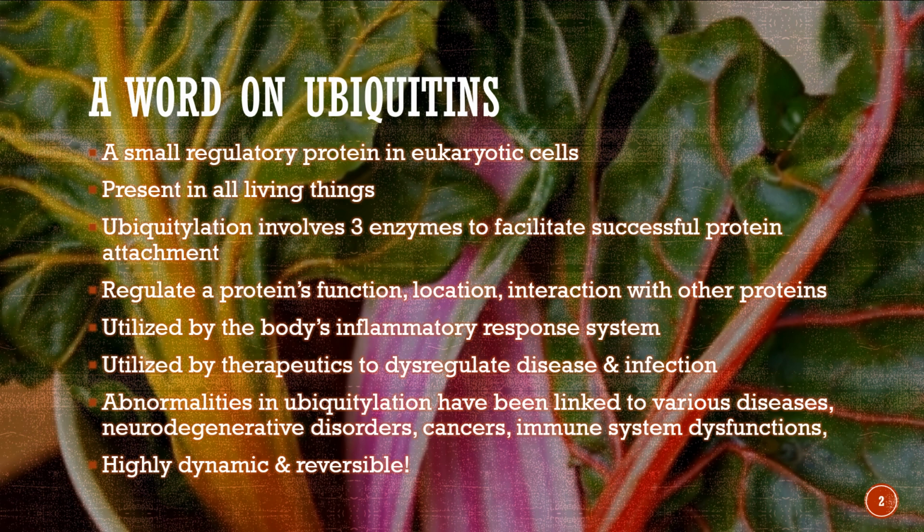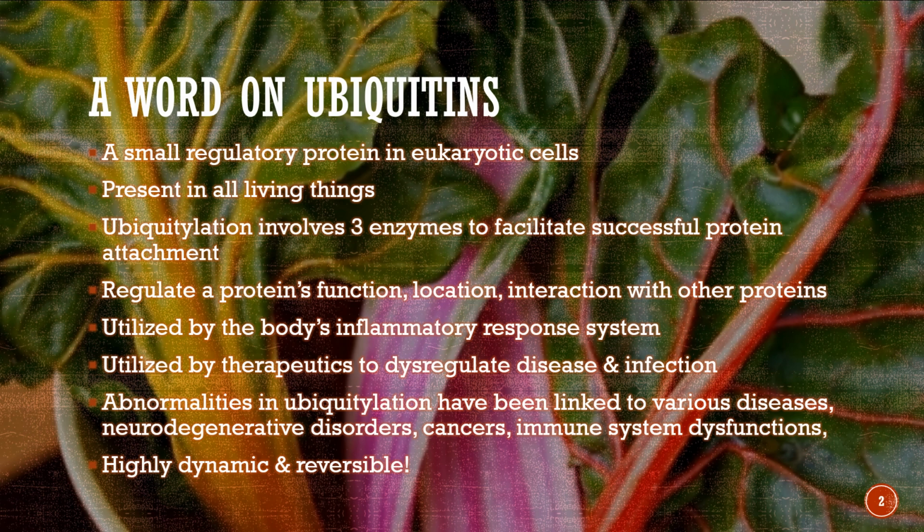So they have three enzymes. One for attachment, one that they actually transfer or connect, and then one for the transfer of the residues, they call them. So it's an amino acid, and they're utilized by your body's inflammatory response system. They're utilized in therapeutics. They're also cited as source problems for when they don't work right.